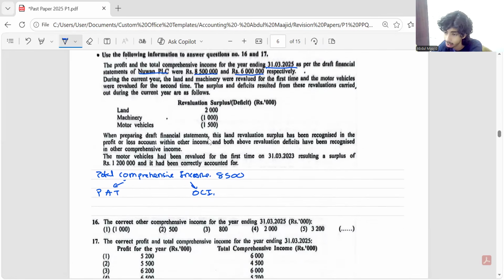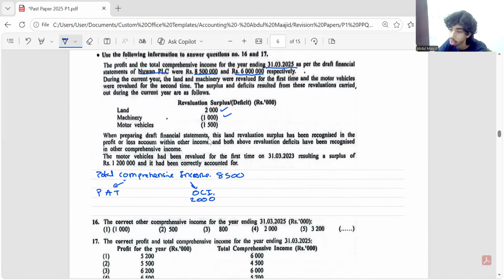During the current year, the land and machine were revalued for the first time and motor vehicle were revalued for the second time. The surplus and deficit resulted from this revaluation carried out during the current year were as follows. Now, land and machine were revalued for the first time, right? Then this 2000, you can put it here. Machinery's revaluation deficit will go to other expense.